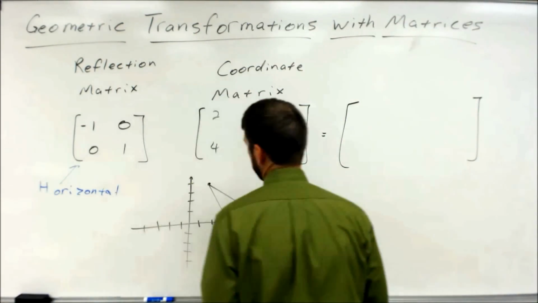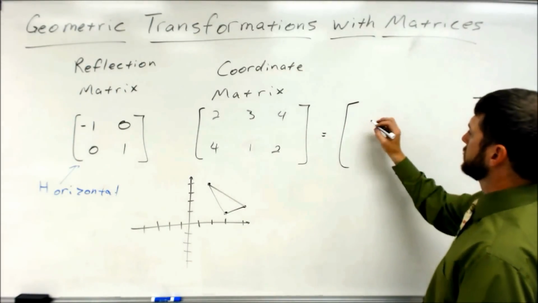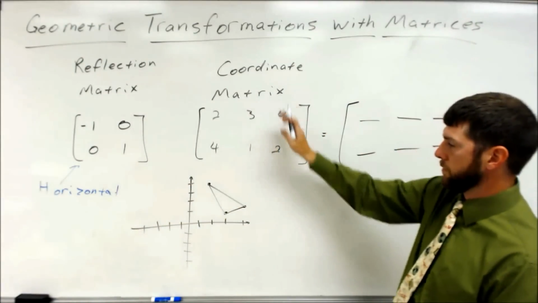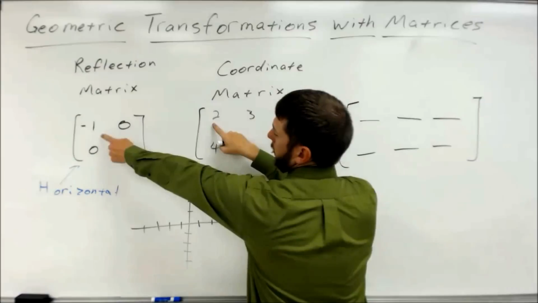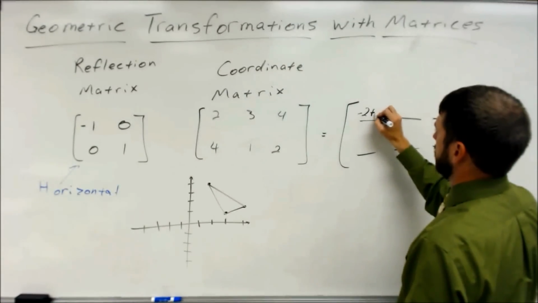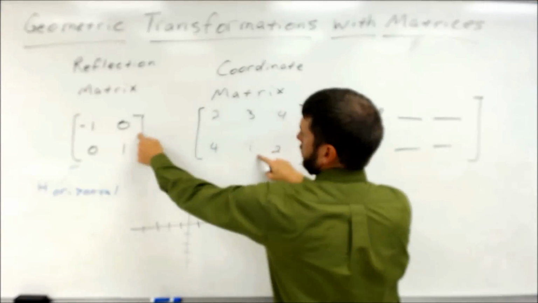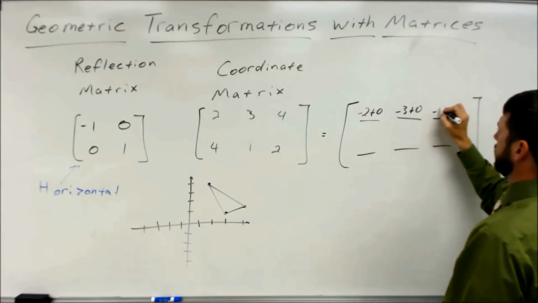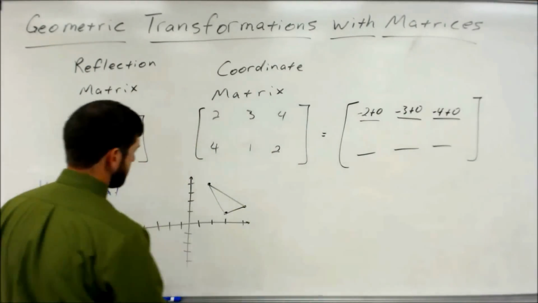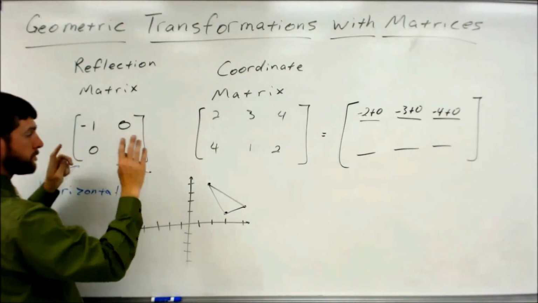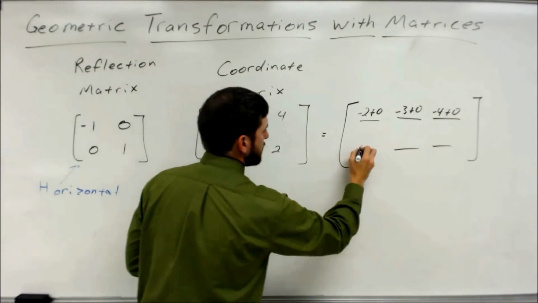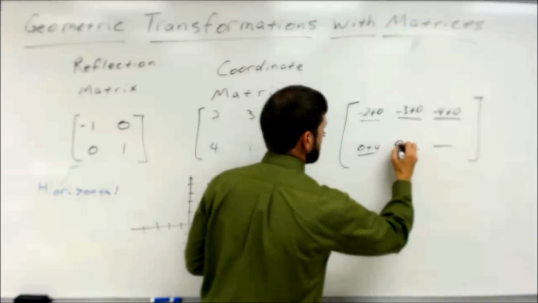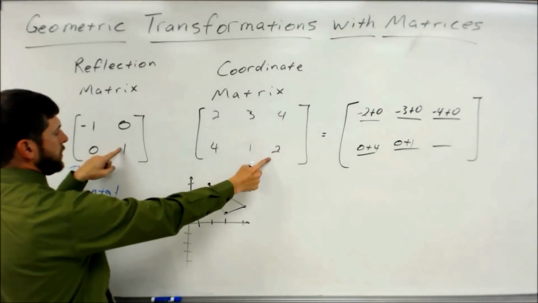Well, let's do the math, see what it looks like. So again, rows by columns, we'll have 2 rows, 3 columns, 2 rows from the first matrix, 3 columns from the second. -2 plus 0, -3 plus 0, -4 plus 0, slide over here, 0 plus 4, 0 plus 1, and 0 plus 2.